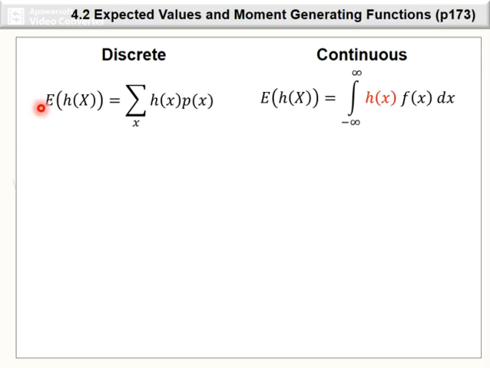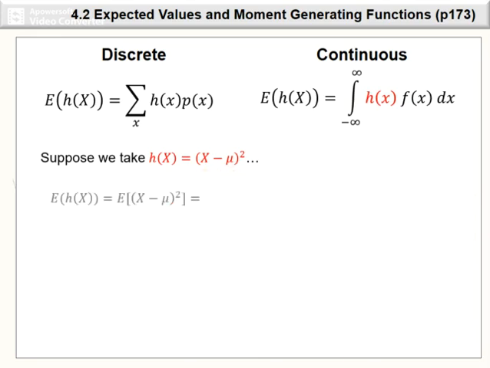Now, as we already discussed, these are your definitions for finding expected values of functions of x. Suppose we take this h function to be equal to (x minus mu) squared, similar to that example. Then the expected value of this function is just merely this when you substitute h(x) in there.